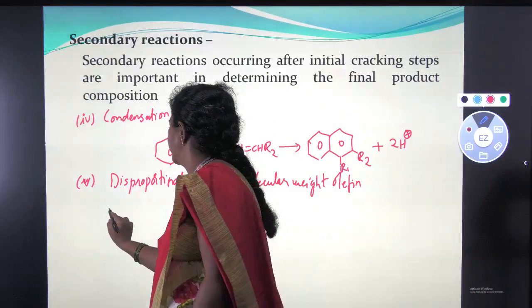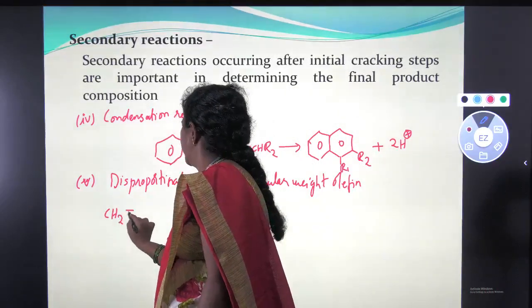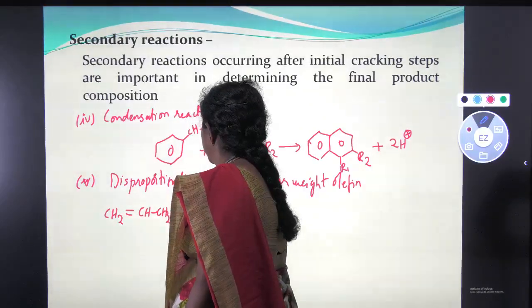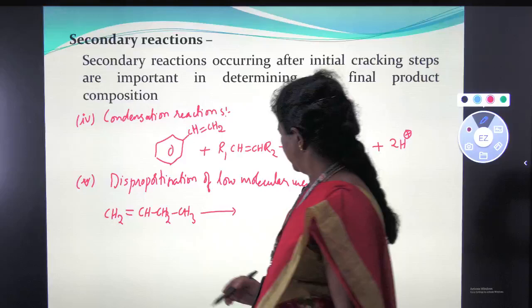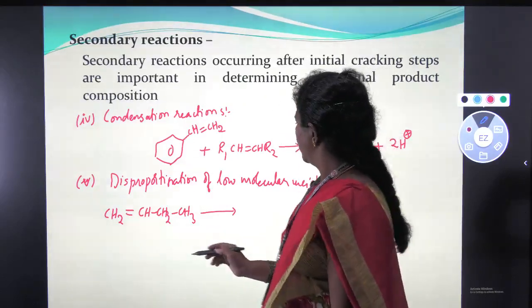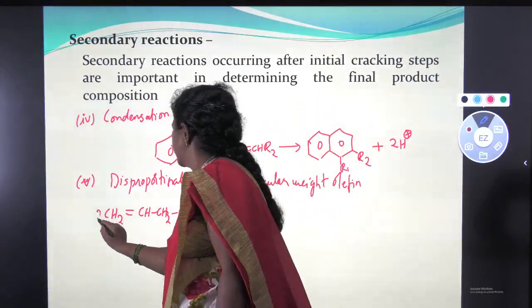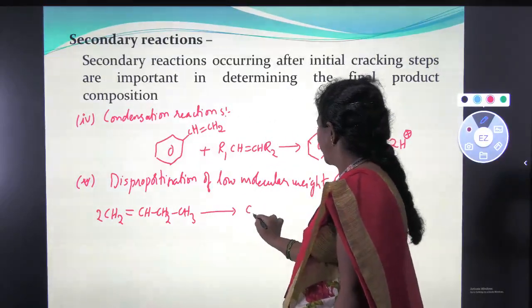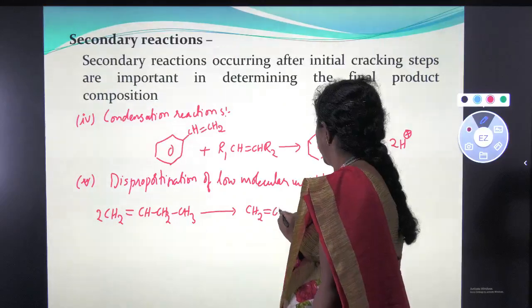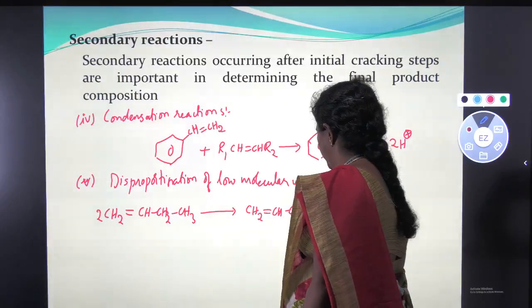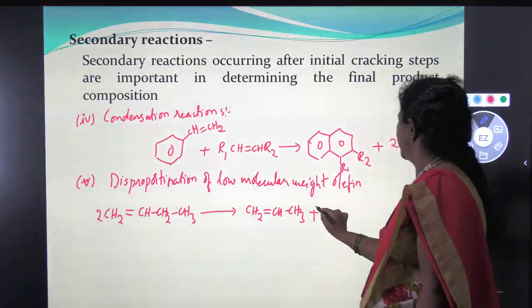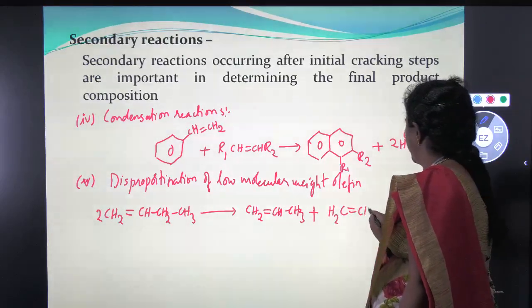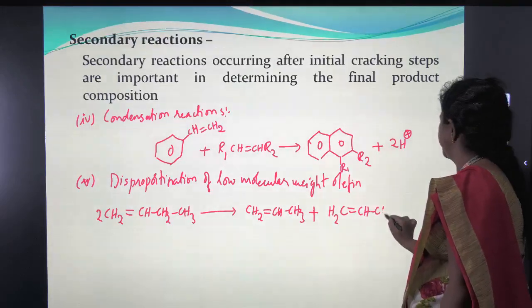For example, if we take 1-butene, this will form propene and 1-pentene.